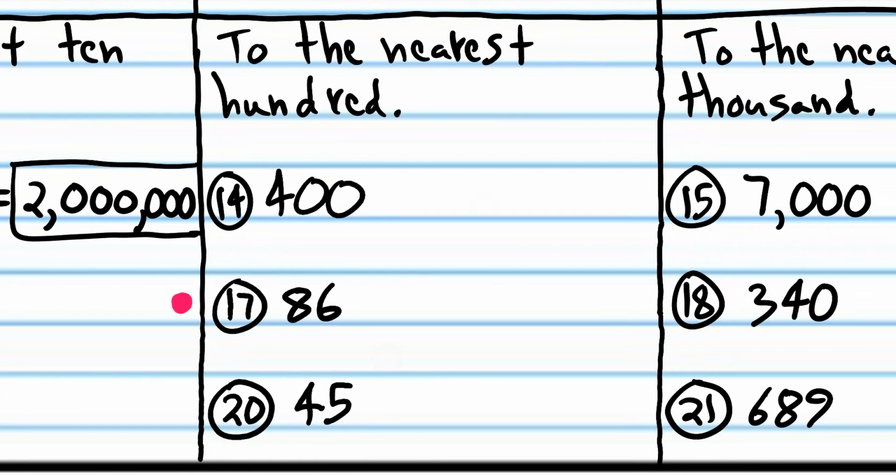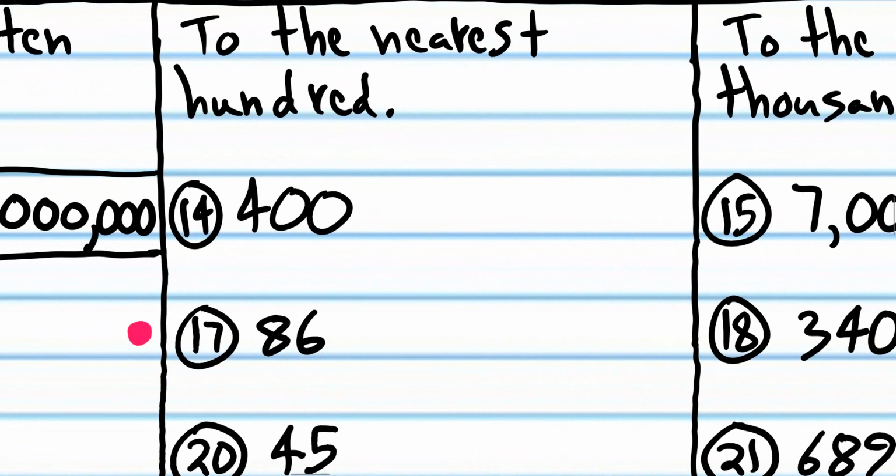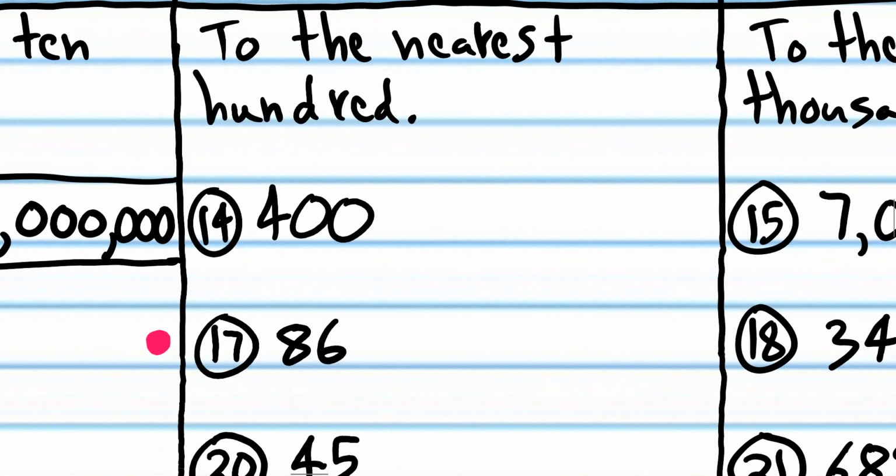All right, you're going to find the same type of thing for number 14. We'll do 14 together, and you can try 15 and 16. We're going to round to the nearest 100. This is the hundredths place. We look to the number to the right, and the 0 obviously tells us to round down. So the number in blue stays the way it is.